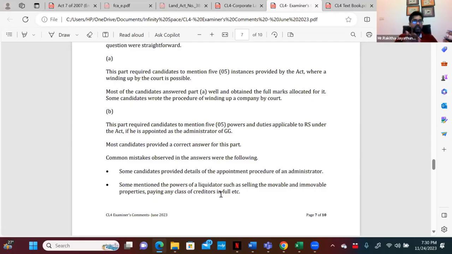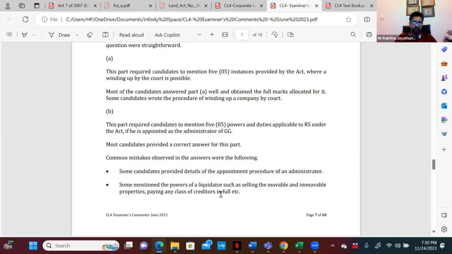There is a clear difference between a liquidator and an administrator. An administrator is normally appointed to see whether the business can be revived. The liquidator straight away winds up the business. But here, before winding up the company, sometimes you make an attempt to figure out whether you can revive the business. There can be situations like this. If you wind up the company now, most of the liabilities will not be settled because the company has gone bankrupt.